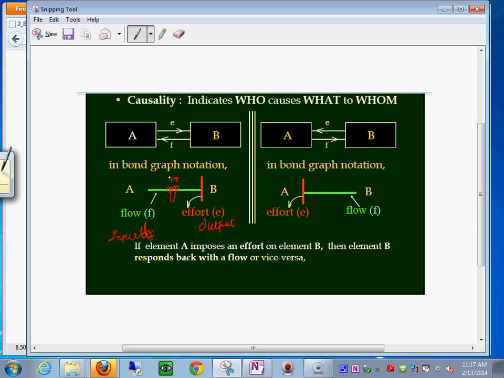So this is the block diagram representation of this, and this is the bond graph.